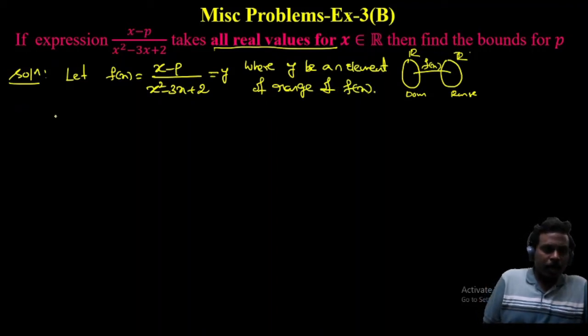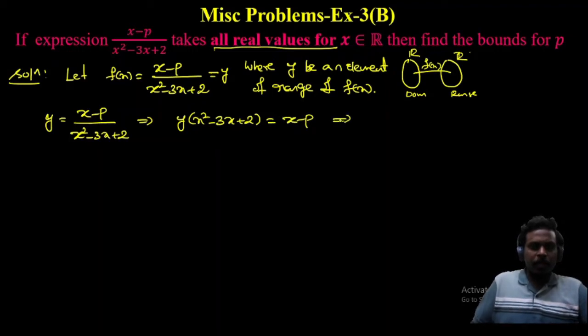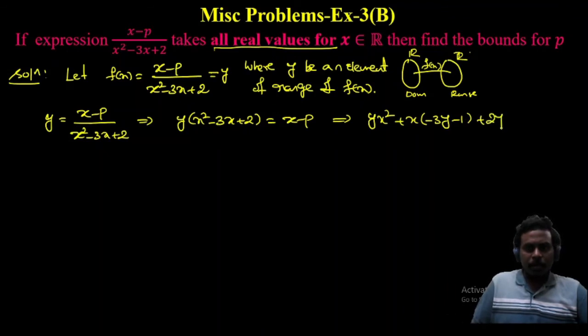Now let me rewrite this expression. y is equal to x minus p divided by x square minus 3x plus 2, implies y into x square minus 3x plus 2 is equal to x minus p, implies yx square plus x into minus 3y minus 1 plus 2y plus p is equal to 0.